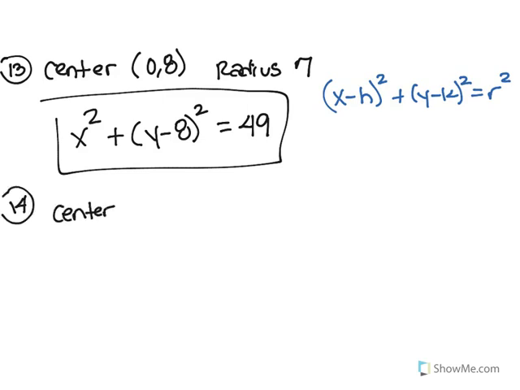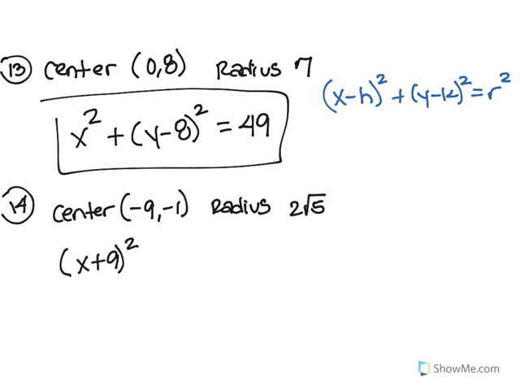On 14, we have a center of (-9, -1), and we have a radius of 2 square roots of 5. So that equation would look like (x plus 9) squared, got to be the opposite sign, plus (y plus 1) squared equals.